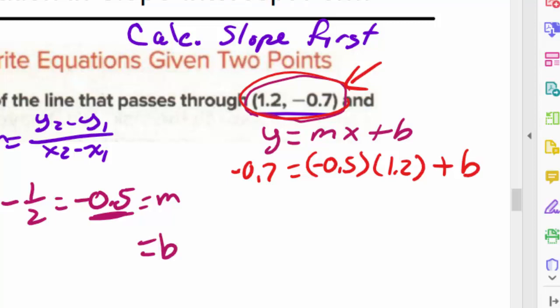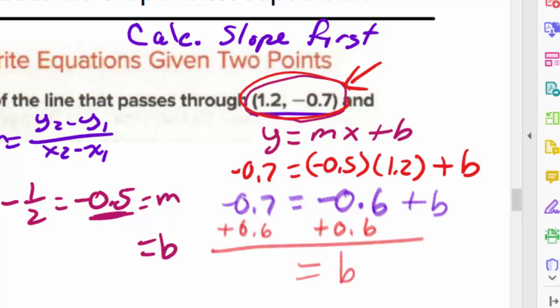Now I got to solve for b. So negative 0.5 times 1.2 is going to give me a negative 0.6 plus b, and that's still equal to negative 0.7. And then to get b by itself, I'm going to add 0.6 to both sides. So my b value ends up equaling, it looks like negative 0.1.